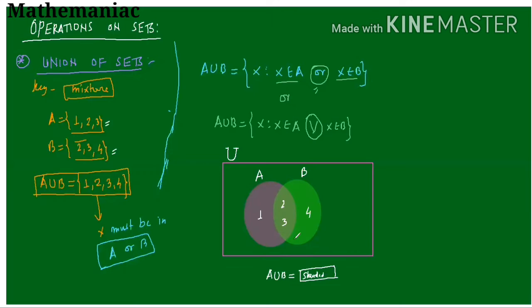Had I done it by hand, I could have given shading, and that same shading I would have drawn here. But this time these are different shadings, right? So please try to understand.